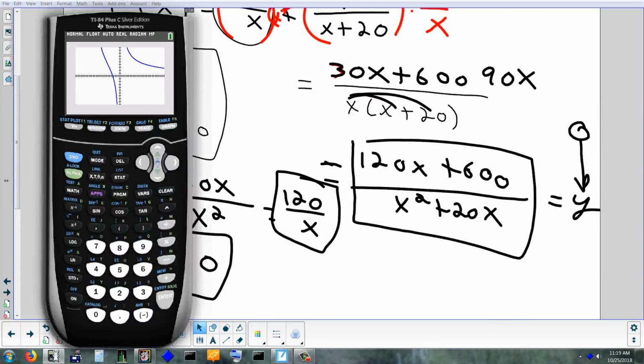All right, so I can see, if I went further to the right, I could probably see it better, but I can see the time it takes to complete the trip is starting to go down more and more the faster she goes. The negative part of the graph doesn't really make sense for the word problem. Right? But I can see, if I zoomed out more, I could probably see that there's a vertical asymptote right there.